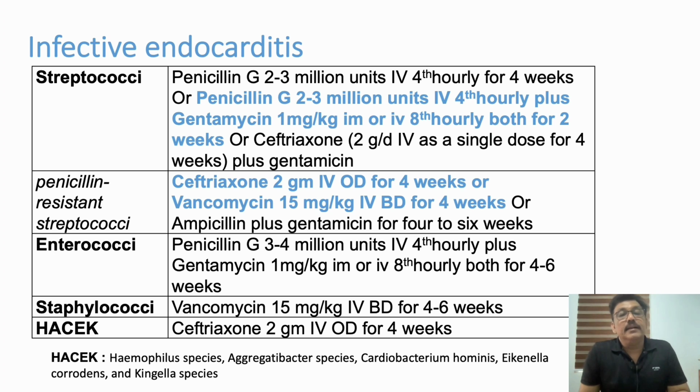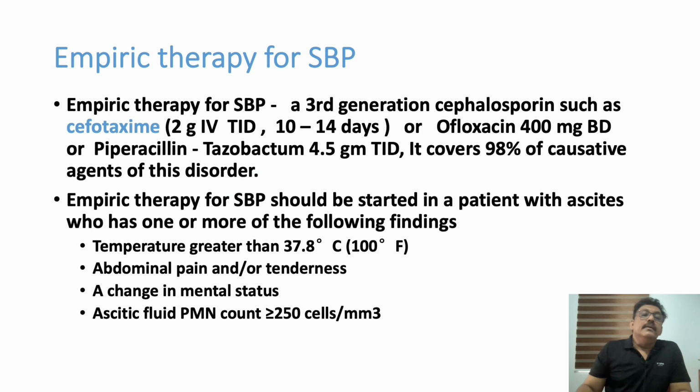This is empirical therapy, which means before knowing the culture, we initiate the treatment like that. In the first guideline you can see crystalline penicillin with gentamicin, crystalline penicillin with ceftriaxone, ceftriaxone with vancomycin. Vancomycin covers gram positive, ceftriaxone covers gram negative. So that is the principle behind treating infective endocarditis.